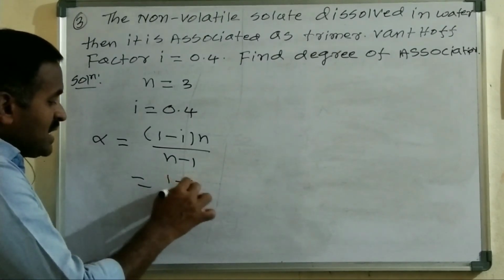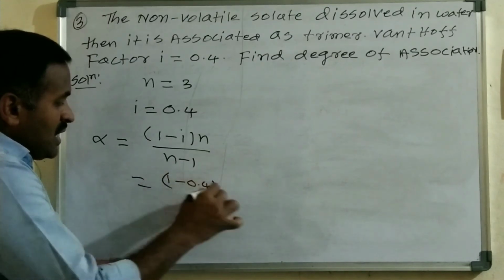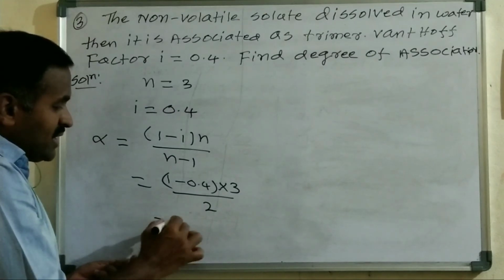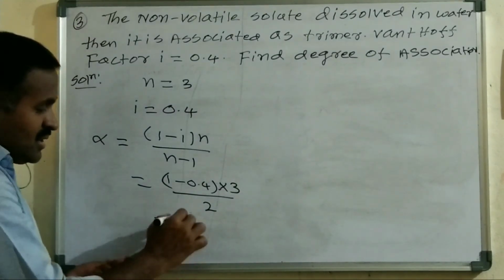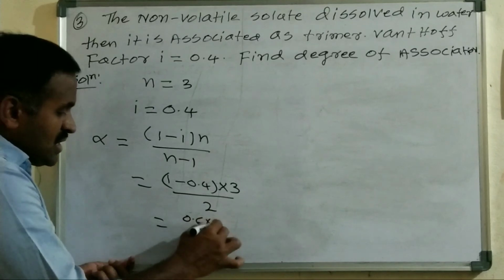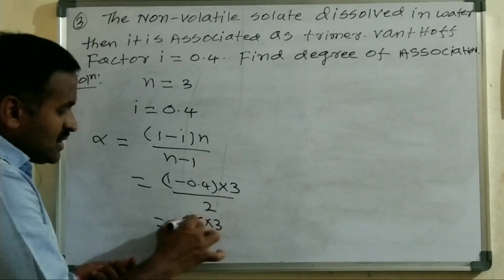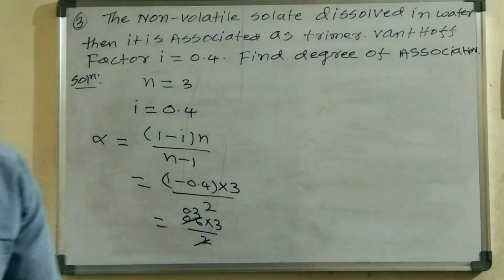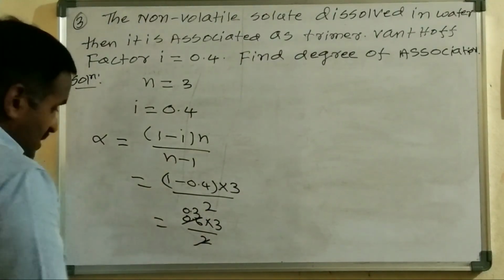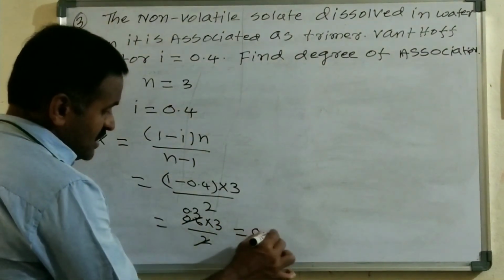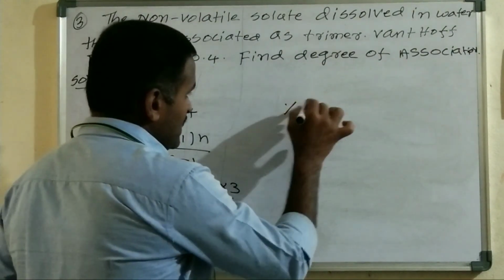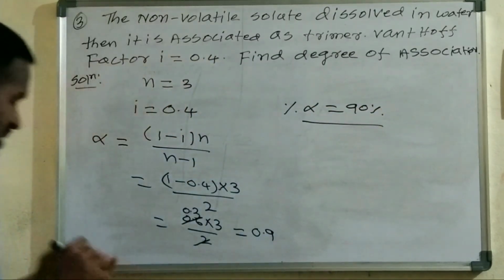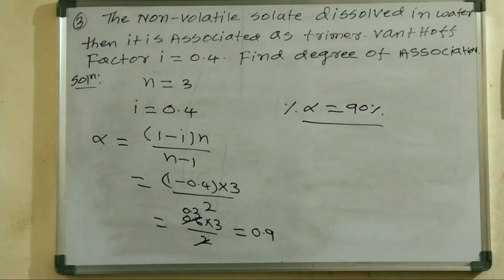Here 1 minus i is 0.6, and the n value is 3, divided by 2, so we get 0.6 into 3 divided by 2, this is 0.9. So alpha is equal to 0.9, that is 90%. So this is simply the degree of association.